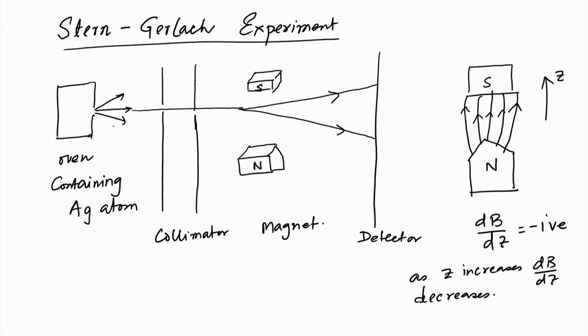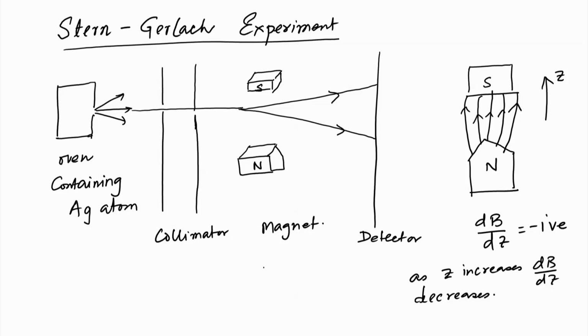However, they are collimated through a series of collimators, and then they are made to pass through a magnet arrangement, in which one of the pole pieces, say the south pole, is flat, while the north pole has pointed edges, so that one can have an inhomogeneous distribution of the magnetic field as a function of z.